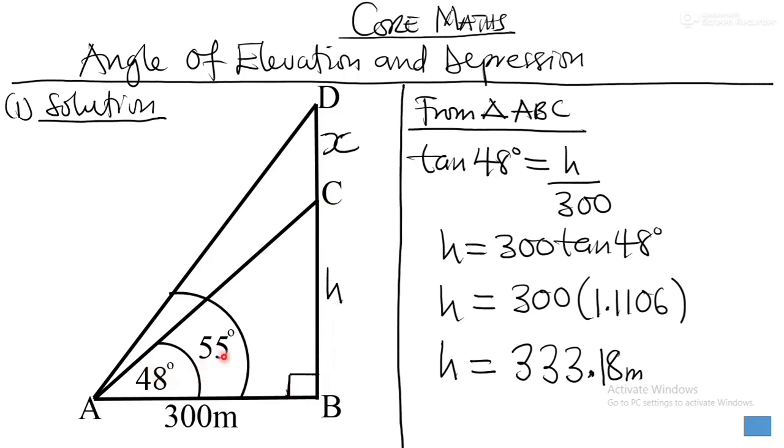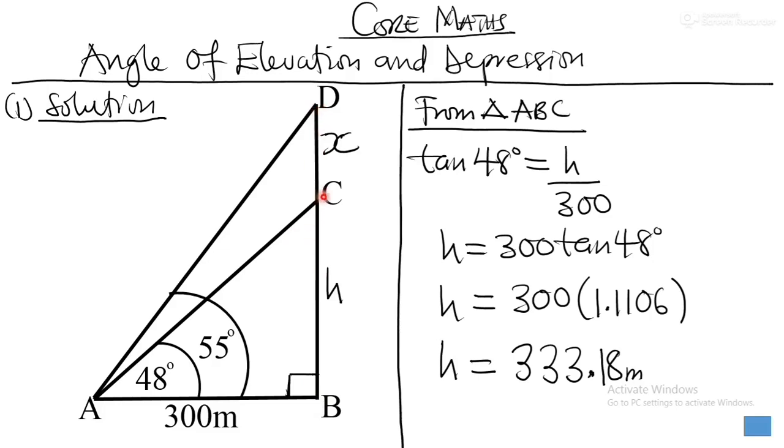Looking at the diagram carefully, you realize that the distance BD is the same as the distance BC plus the distance CD. So BD is equal to BC plus CD.